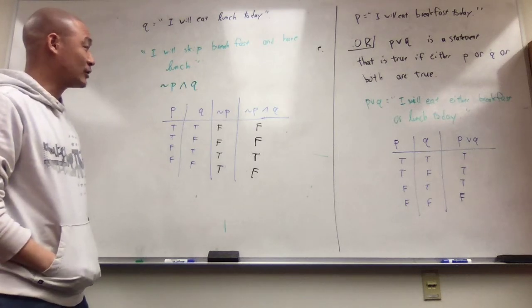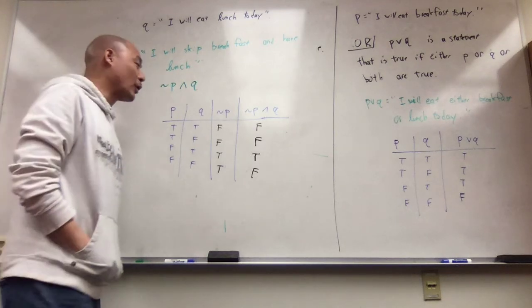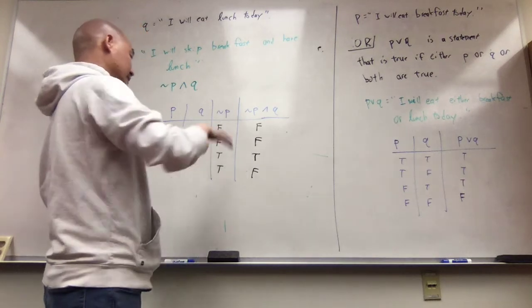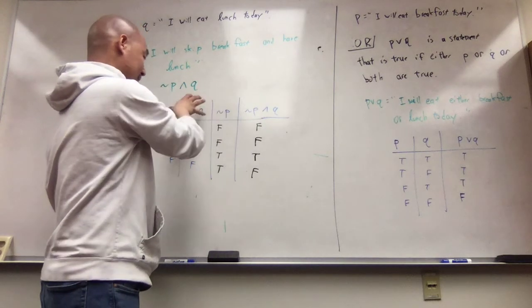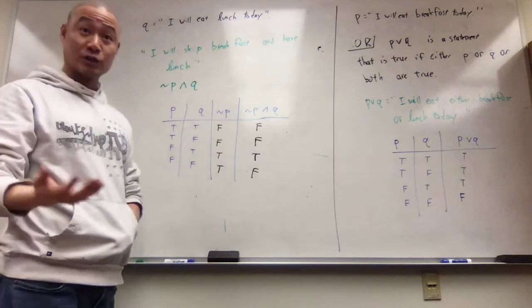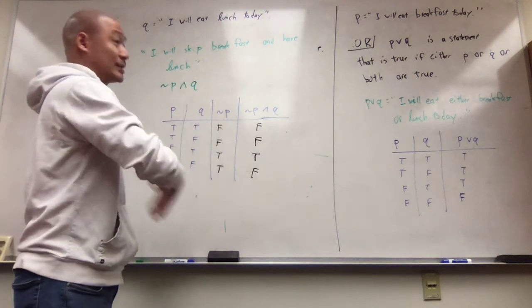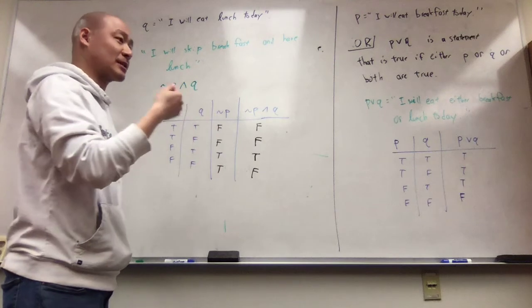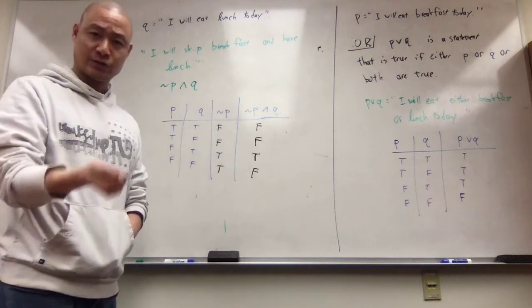Now, at a certain point, we will be working with just these statements independent of some representation. In the same way, in algebra, we can work with variables and numbers without having some concrete thing attached to them.